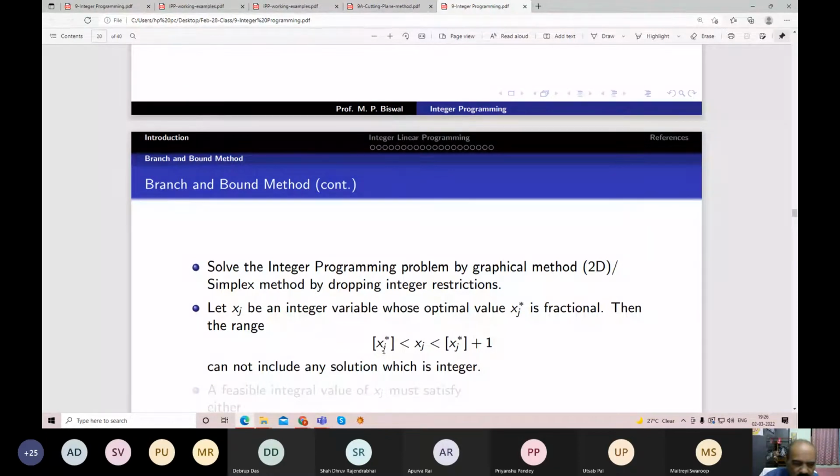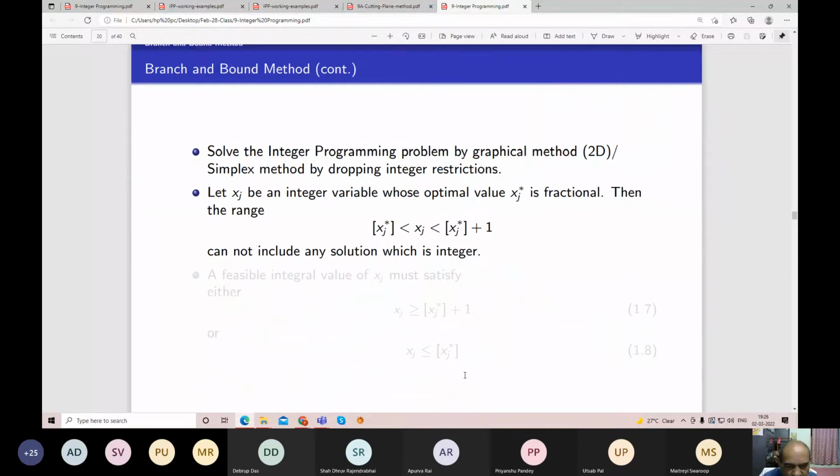Can you find an integer in this open interval 1 and 2? Is there any integer? No, sir. So this cannot include any integer solution, right?